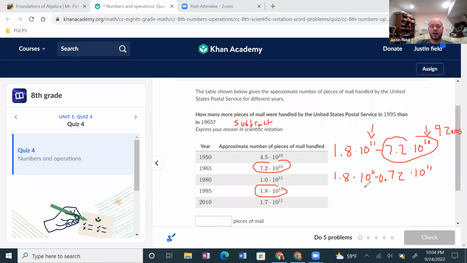But then once you do that, all we've got to do is subtract these numbers and then just make it times 10 to the 11th. So I would do that. And so I'm just going to borrow there. We get 8, we get 0, and we get 1.08 times 10 to the 11th.